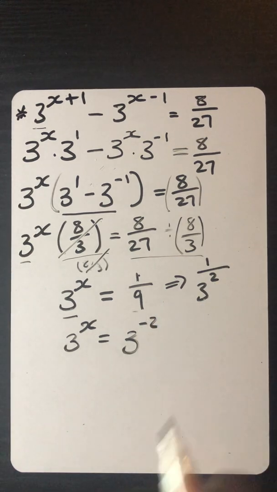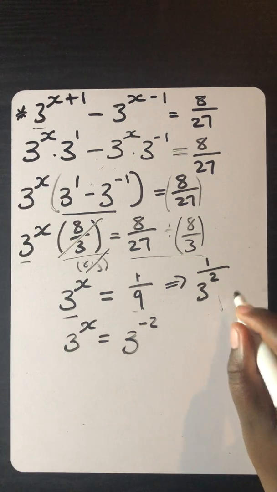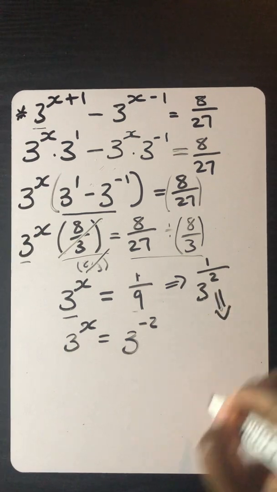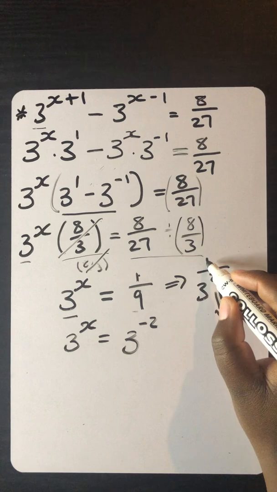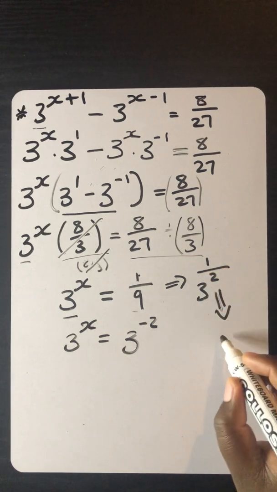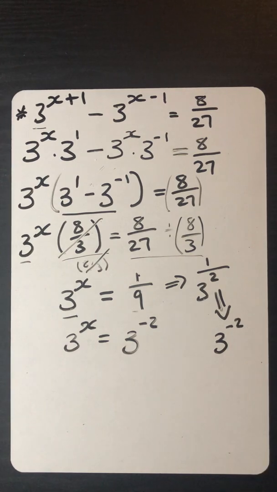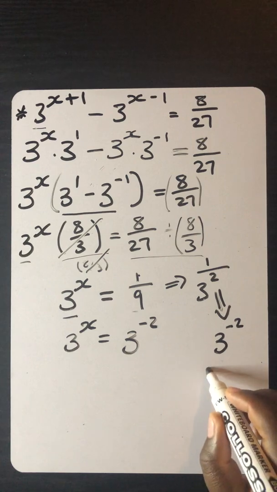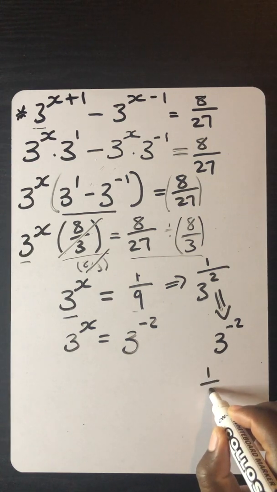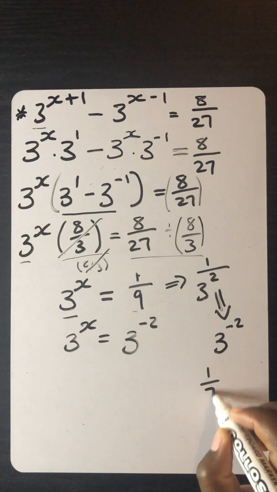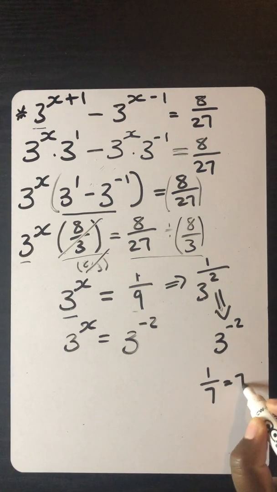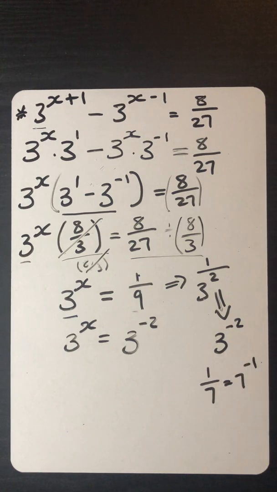Okay, so ladies and gentlemen, it doesn't end there. When you have 1 over something, it is the same as that something to the exponent negative that power. For example, if we have 1 over 7, this is the same as 7 to the exponent minus 1. You can punch this on a calculator and convert it to a fraction.